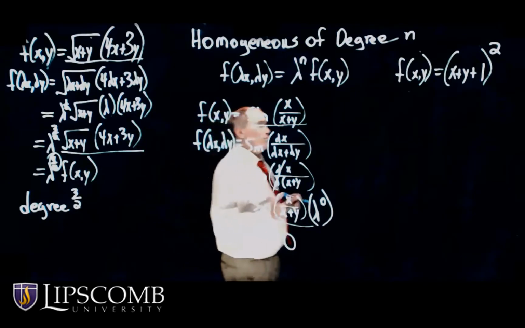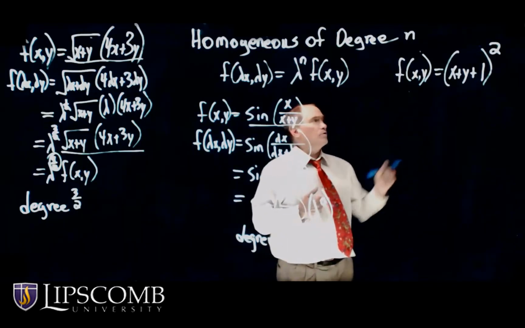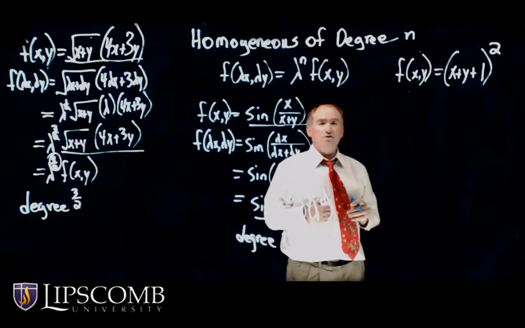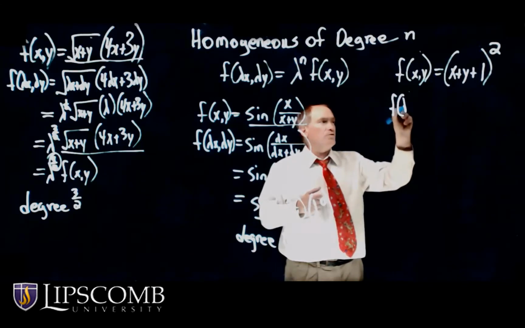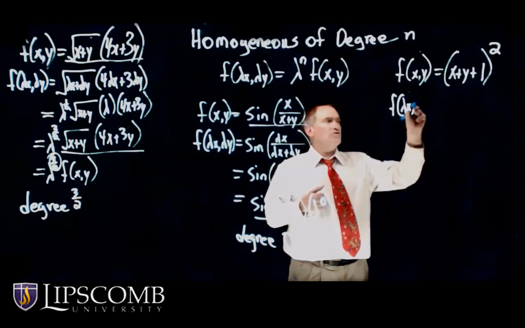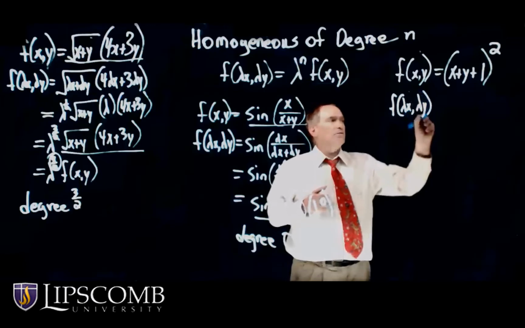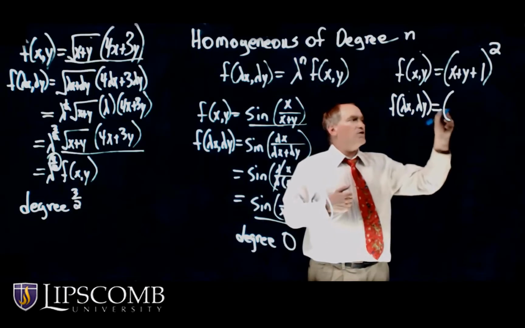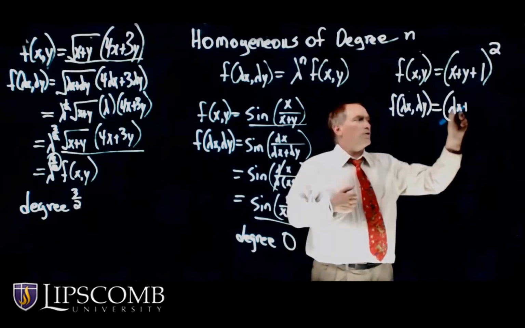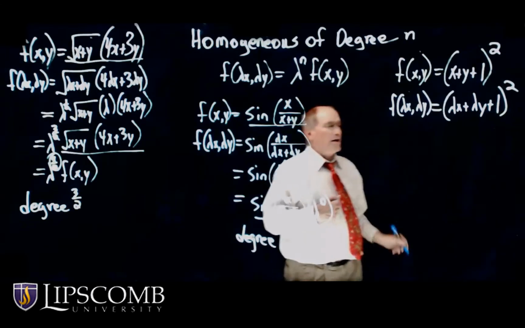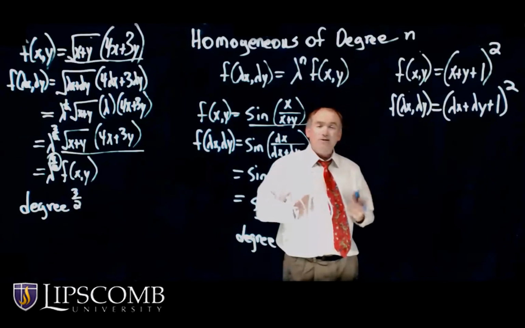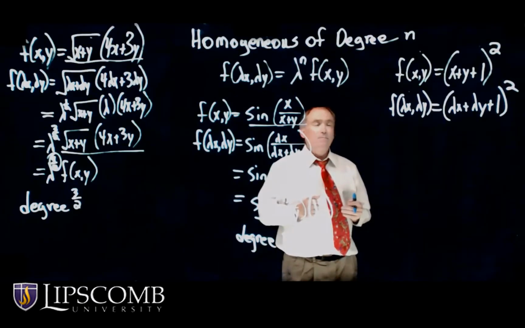My last example: f(x, y) equal to the quantity x plus y plus 1, squared. First step, replace the x with lambda x and the y with lambda y. So everywhere I see an x, put lambda x; wherever I see a y, put lambda y. Now again, I want to try to factor out a power of lambda and have the original function, x plus y plus 1 squared.